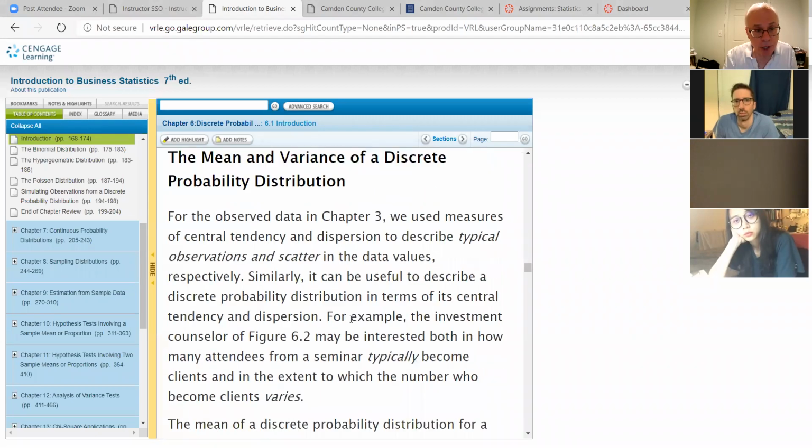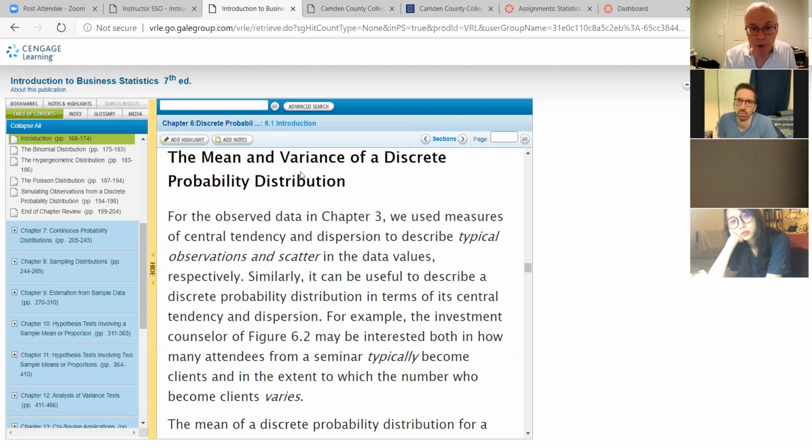So what this next section is basically what we just covered: how to determine the mean and variance, or the standard deviation. Because typically when people ask about the probability distribution, they're asking about the mean and the standard deviation.